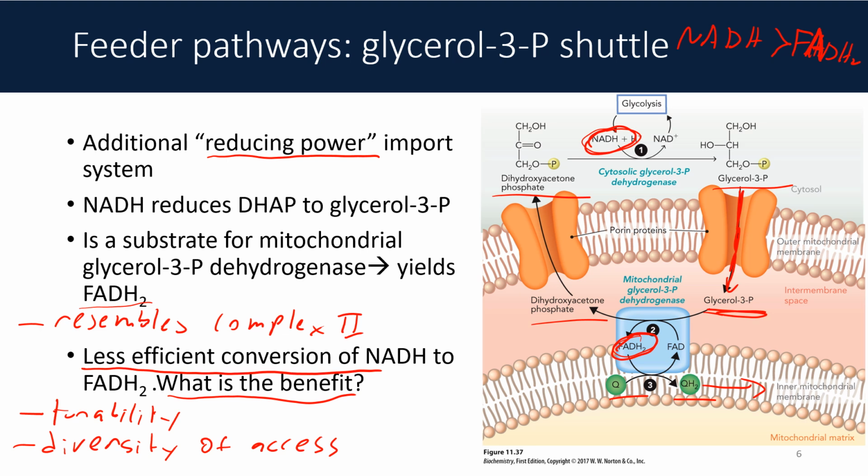Bam, we have a back door into aerobic respiration. Mitochondrial glycerol 3-phosphate dehydrogenase resembles complex 2, but it is structurally different from complex 2. If our complexes are transiently inhibited, we're not completely dead in the water here.